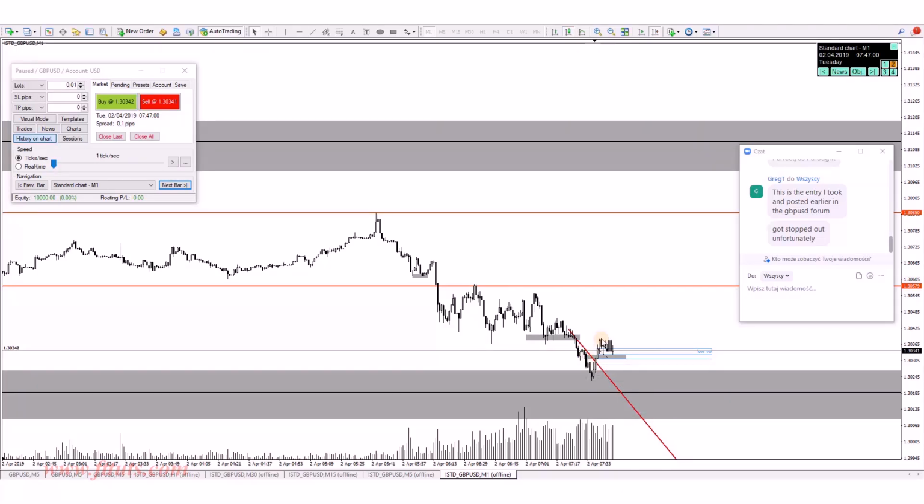It was broken, price made fresh high, and now it's ranging. The volume decreased earlier. Now it's going up, but I would treat this as an entry point. Just let's try. If Greg lost last time, maybe we can find the reason if this will be the losing trade. Visual mode and buy.